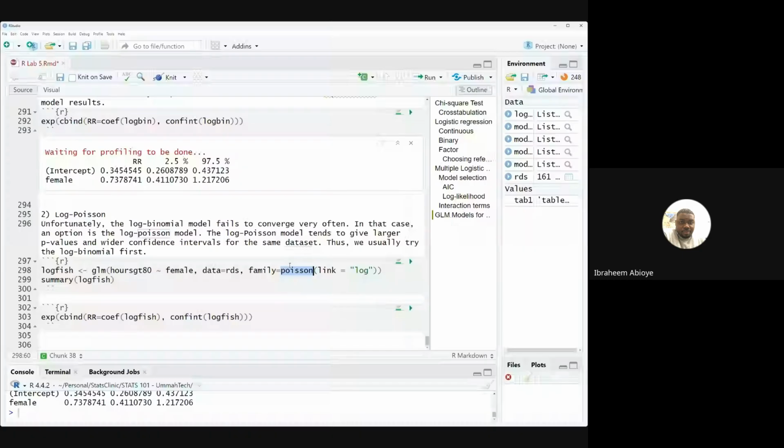Let me take that again. Count variables, like Debbie had reminded us, are variables that are integers, 0, 1, 2, 3, 4, 5, and the like. They cannot be broken apart. You can't have decimals. Now, we can have a count variable that is 0 or 1.